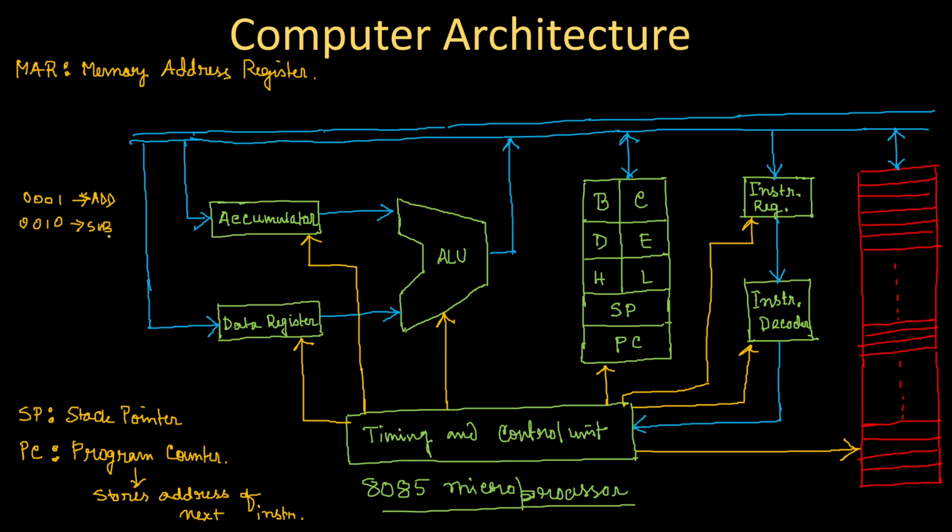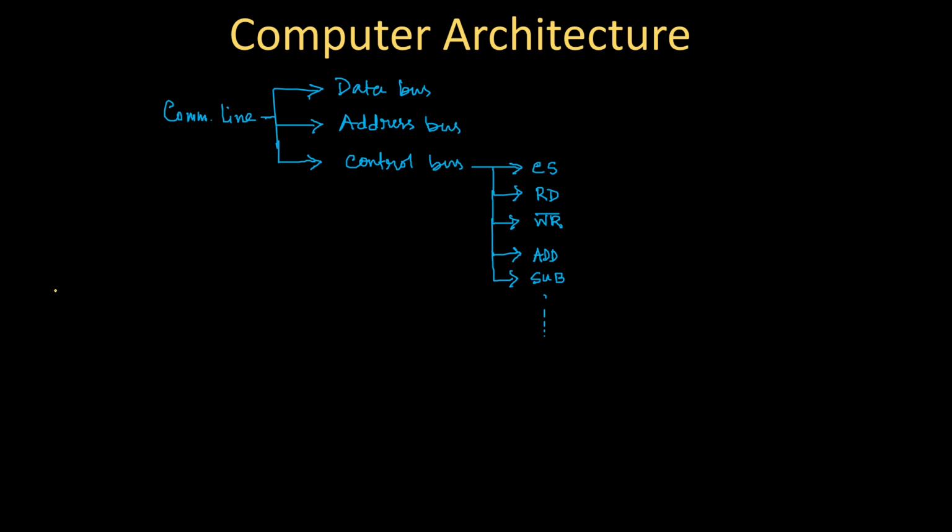For example, if I take a very simple instruction present in the 8085 microprocessor, let's write it over here: ADD B. Now what does it mean?